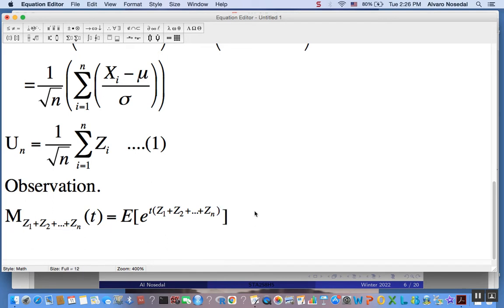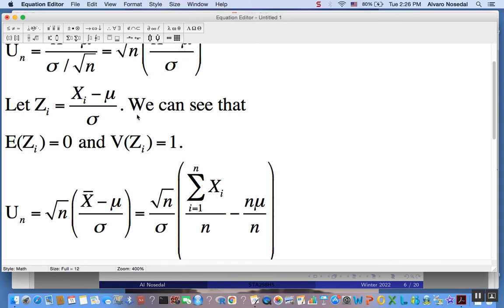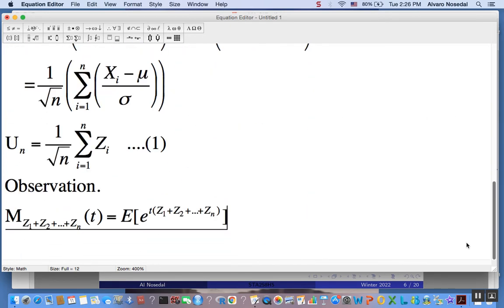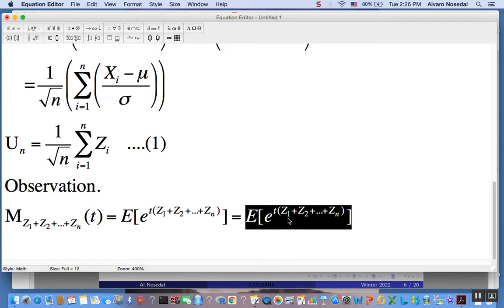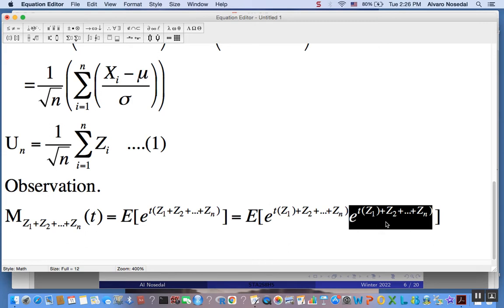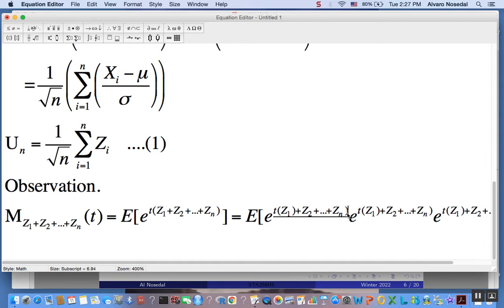Now, since the x's are independent, the z's would be independent as well. So anyway, this is the same as this, just doing a little bit of algebra. We end up with this.